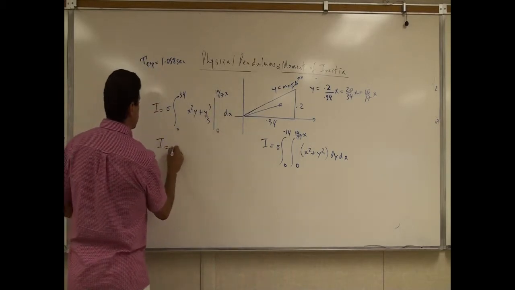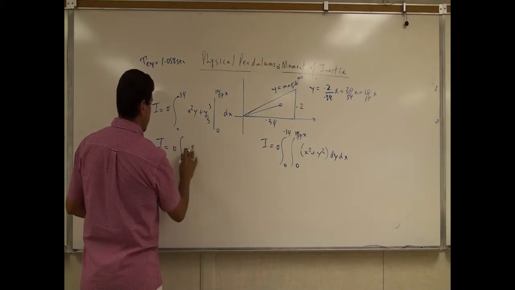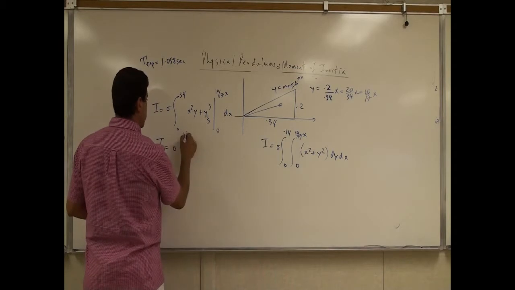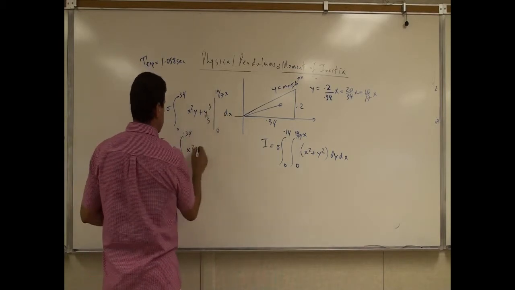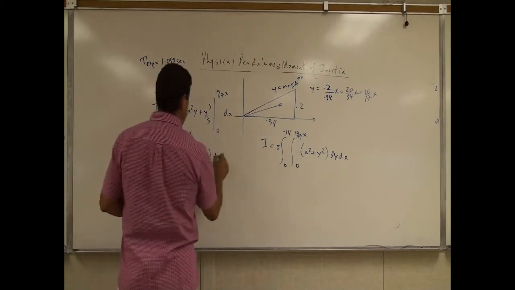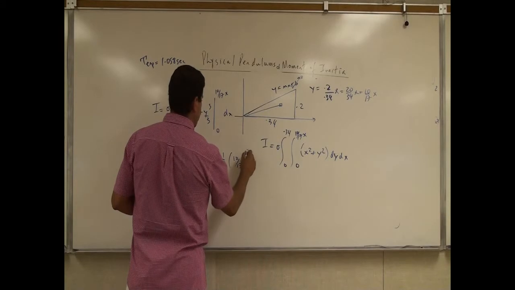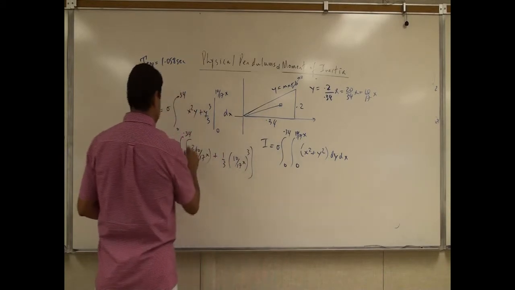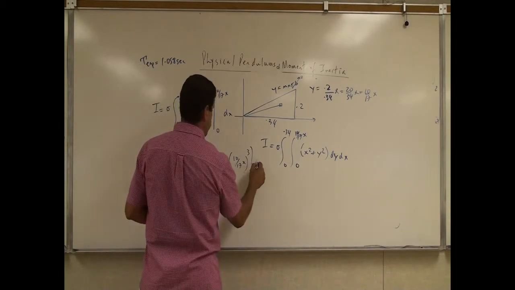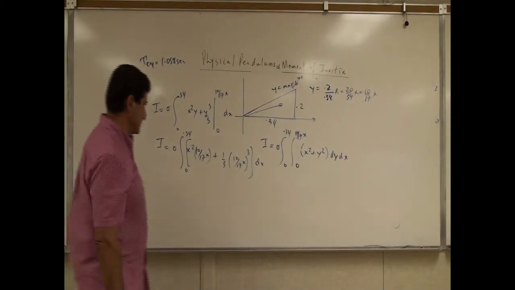So I is equal to sigma x squared, 0 to 0.34, and then we put in 10/17 x, plus 1/3 (10/17 x) cubed. Then we are going to integrate that in terms of x, right?